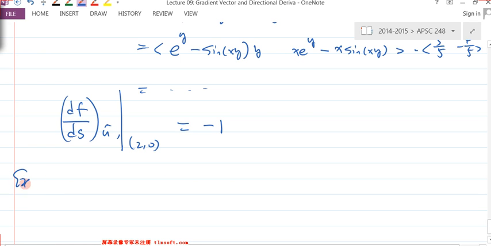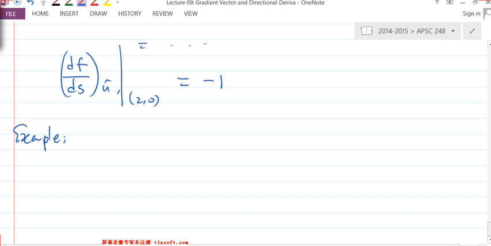Here's another example, but in this example here, I don't want you to calculate, okay? I want you to look at it and kind of tell me what will be the result.